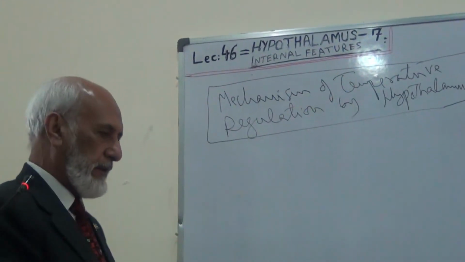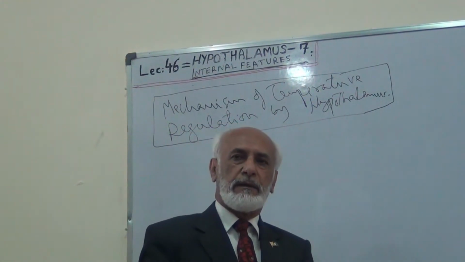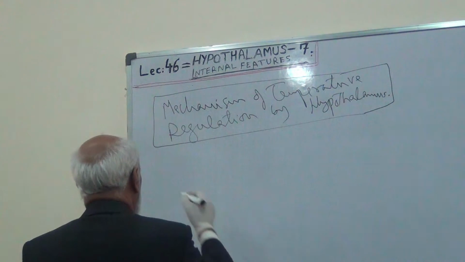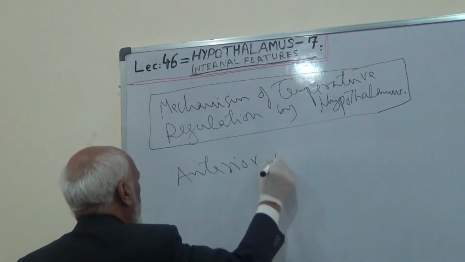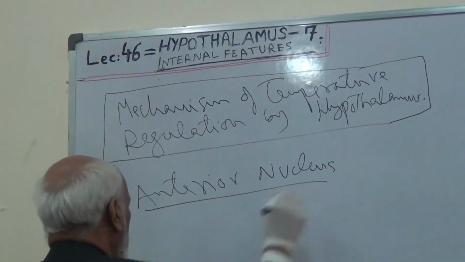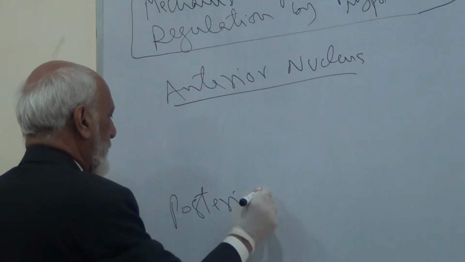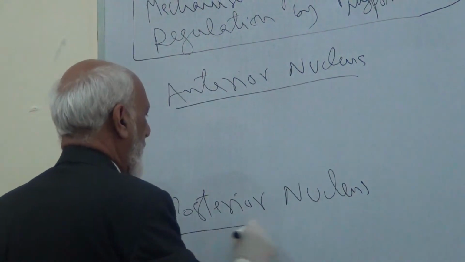We know that there are two nuclei of the hypothalamus which control the temperature: the anterior nucleus of hypothalamus and the posterior nucleus of hypothalamus.